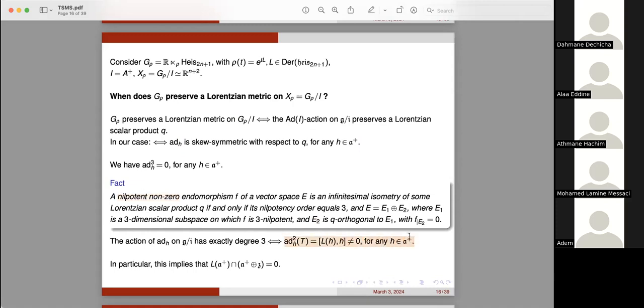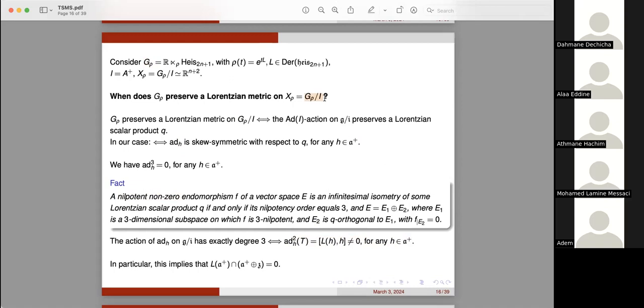I'm not giving the exact final shape of L, but not all J actions preserve a Lorentzian metric on the quotient. So L has to satisfy some condition, but this condition is open.